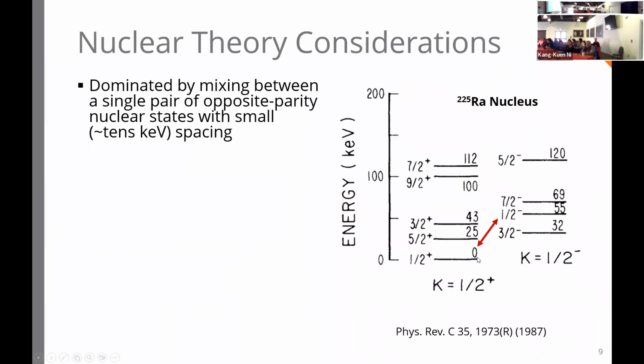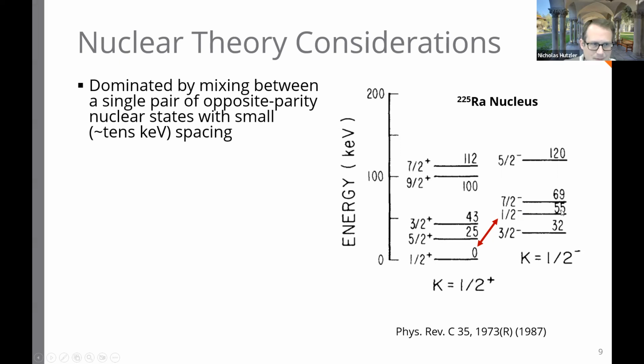So for example, here are the energy levels according to experiment of the radium-225 nucleus. You get a ladder of rotational states. The order is a little messy because it's a nucleus, and it's actually very complicated. However, there's this fairly low-lying, at least for nuclear standards, opposite parity state, which is only 55 keV away.